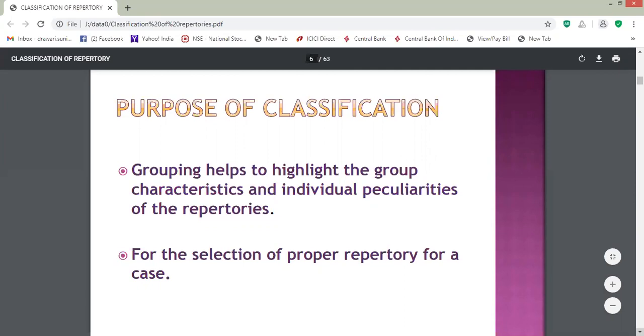Then card repertories: when we should use these repertories, and computer repertories: how they are helpful. So in this way, grouping the repertories helps to highlight the group characteristics and individual peculiarities of the repertories, and for the selection of the proper repertory for a case.